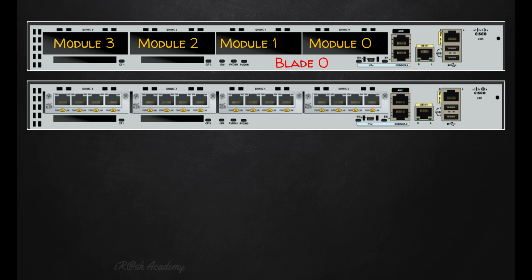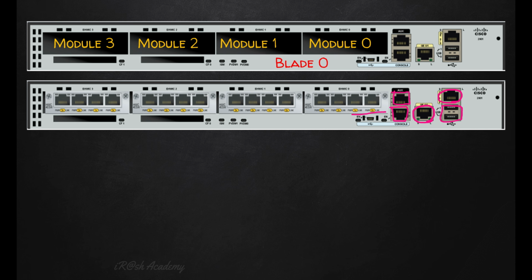Here we can see this interface is a part of blade 0. It is not a part of a module. Okay. So this interface is part of the blade, not a part of a module. And these two are USB ports, so we are not considering them here. And this is the auxiliary port, that is also not considered here. This is the console port.